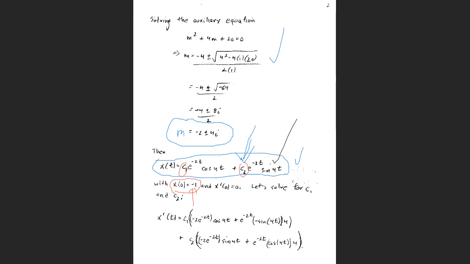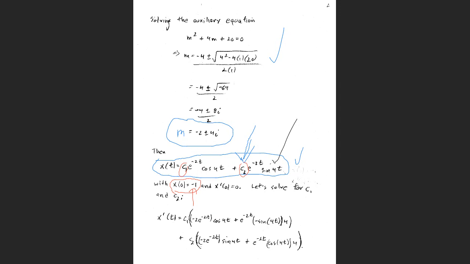It's sort of the opposite of what you expect. When the mass is above equilibrium position, the x values are negative. When the mass is below equilibrium position, the x values are positive. And you can refer to figure 5.1.2 in section 5.1 to see that orientation.